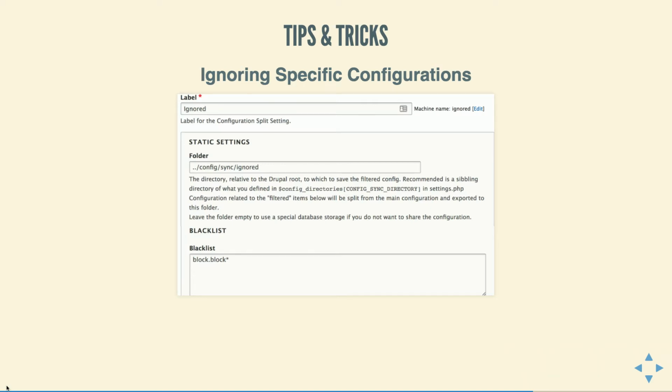So one idea I had was to use config split to ignore configuration. The idea was to set up an ignored split and then actually ignore that from Git. So that way each environment could manage that configuration as they saw fit. Now there's a config ignore module. You should probably use that. It's more targeted, and this is sort of convoluted.